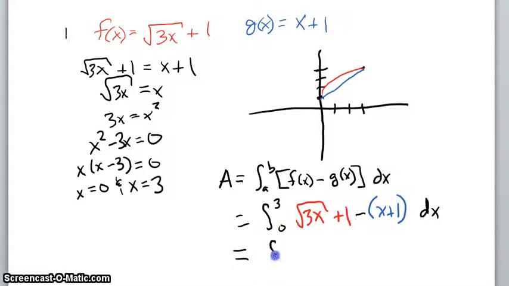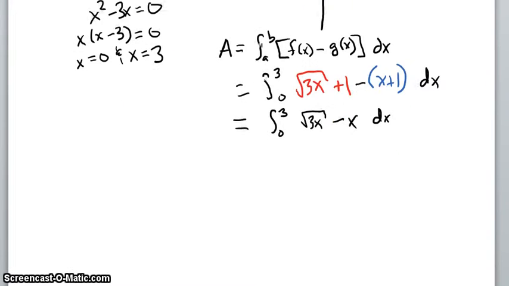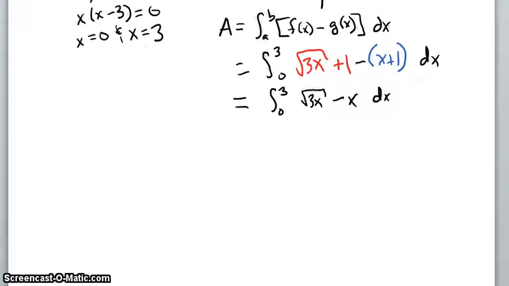And here I'm going to simplify. So I have from 0 to 3, and we have plus 1 and minus 1, so the ones are going to cancel each other out. We're left with the square root of 3x minus x dx. And now I'm going to rewrite this as two integrals because we're going to need to use the u substitution for one of them and not for the other.